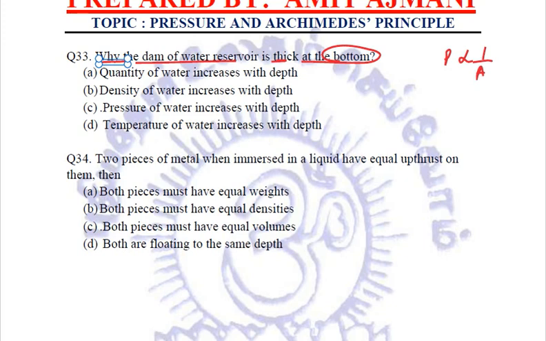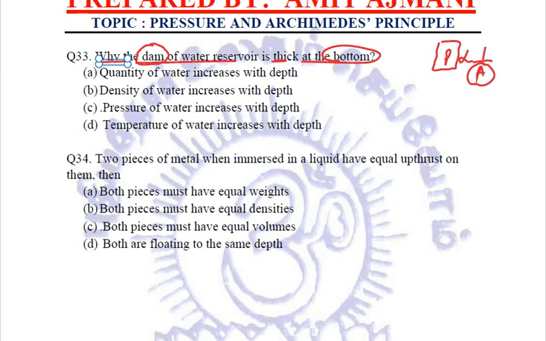Over there we have studied that the foundations of the dams and the buildings are made very wide. Why so? Because by increasing the area of the foundation, the pressure of the building or the concrete made above that structure is reduced, right?